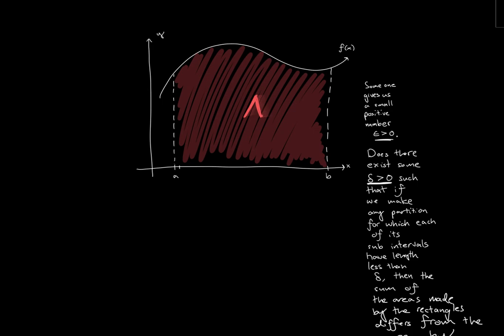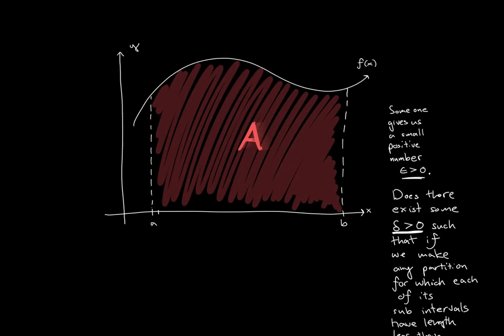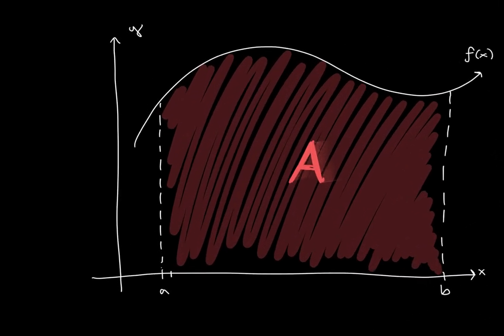So here's what I'm saying. Somebody gives us a very, very small number, and we want to say, is there some corresponding small number delta so that if I cut up this interval from a to b in such a way that each of the pieces is less than delta, then the rectangles made, so here, I can draw this.